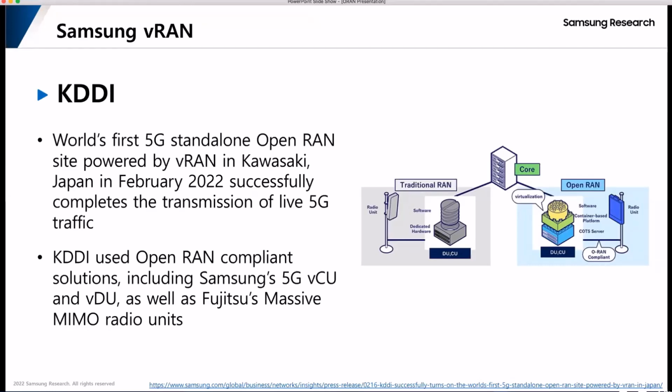So here on the right, we see the diagram of how the Open RAN differs from the traditional RAN. The dedicated hardware is replaced with the COTS server, which runs the DU and CU. And then the server would communicate with the radio units making use of the Open RAN specifications for the interface.